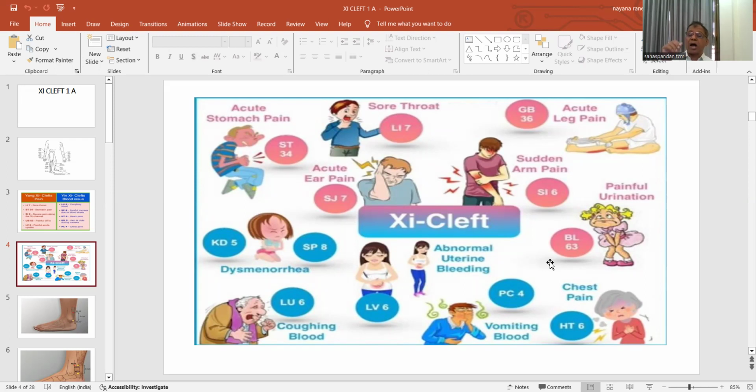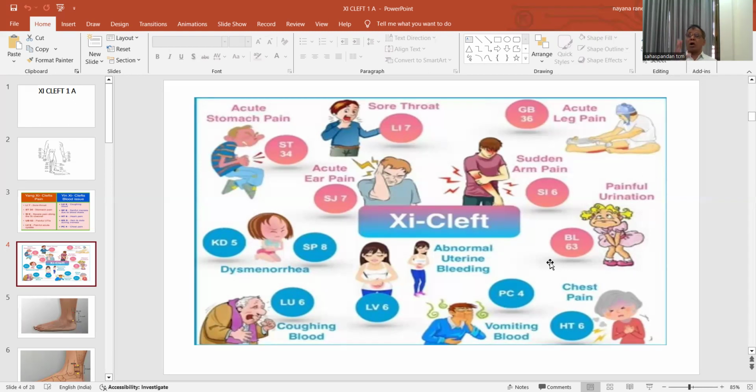These are bladder 59 for the yang stepping vessel and kidney 8 for the yin stepping vessel.